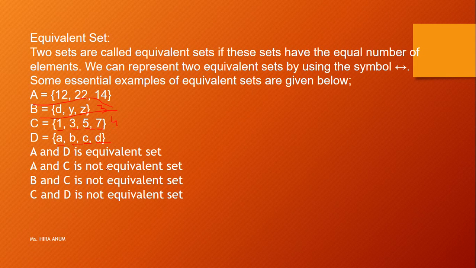Then C and D are equivalent sets, but A and D are not equivalent. B and D are not equivalent.